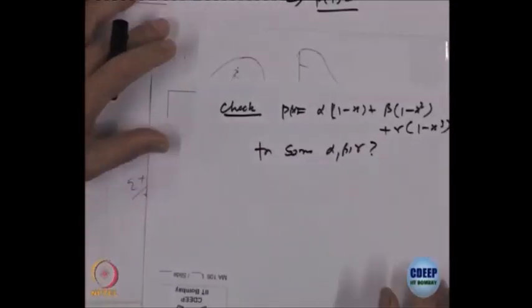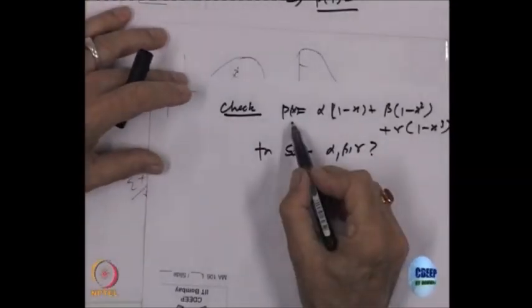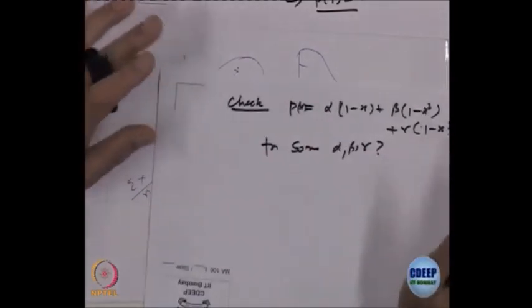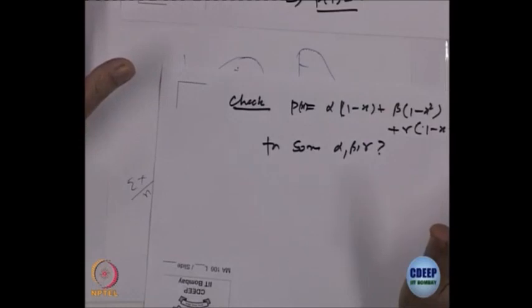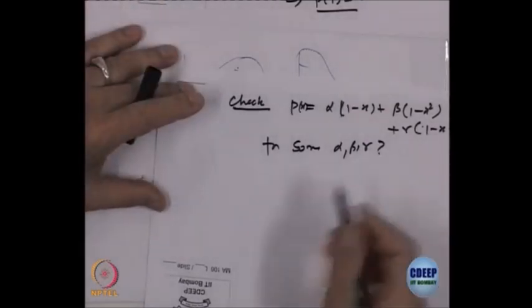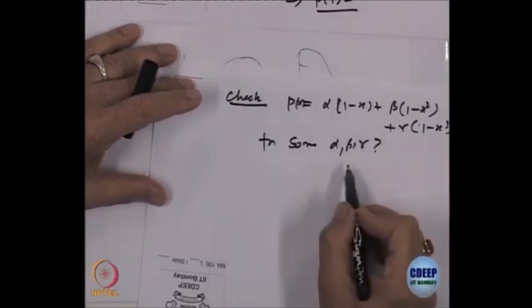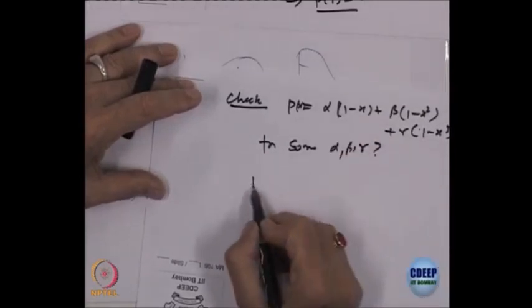We do not know what they are. Every polynomial in V should be expressed as a linear combination. I have to find, if possible, alpha, beta and gamma, right. So, what does it mean? If I have to find this, can I find alpha, beta and gamma? What is the right hand side? So, what do I want?